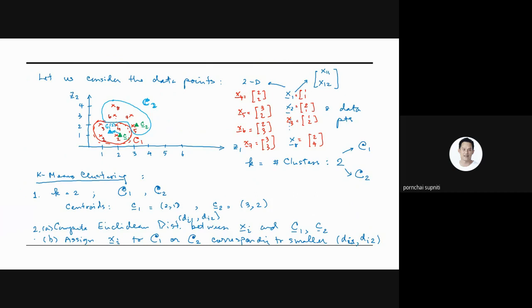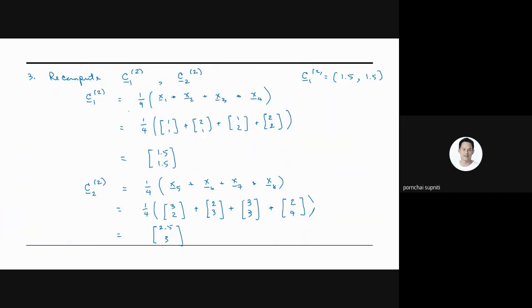And then C2 is moved to 2.5 and 3, which is here. So the centroid is moved. So what else do you do? This was step number 3. In step number 4, we repeat step 2 and step 3.